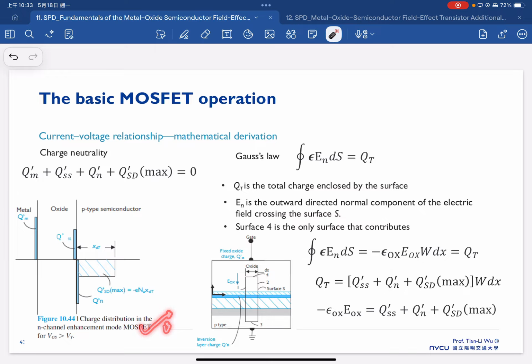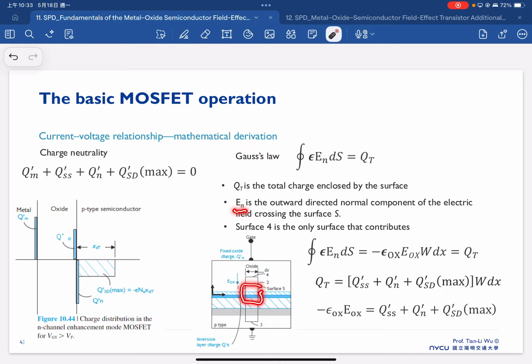So Qn' plus QSS' plus this one and this one will be equal to 0 due to charge neutrality. We also consider Gauss's law, where the integration of this term will be equal to Qt, which is the total charge density enclosed by this interface.